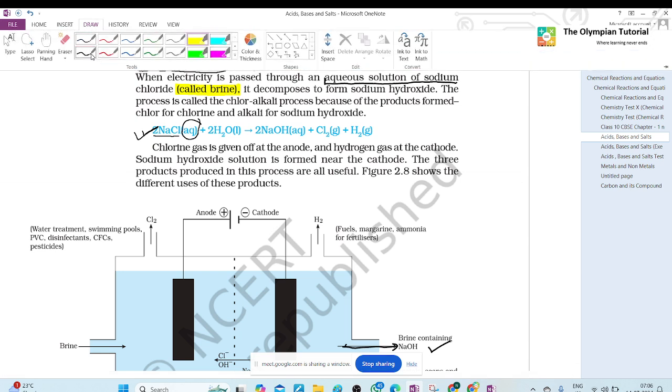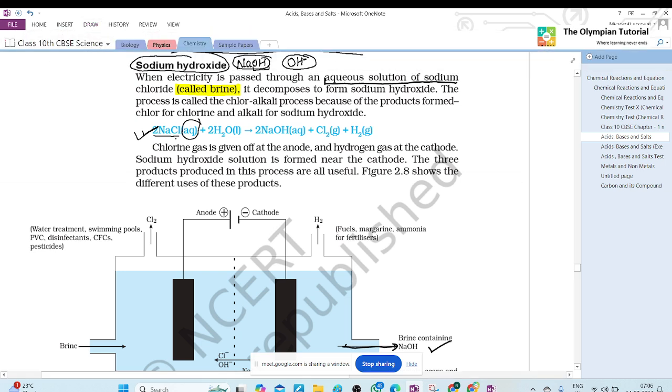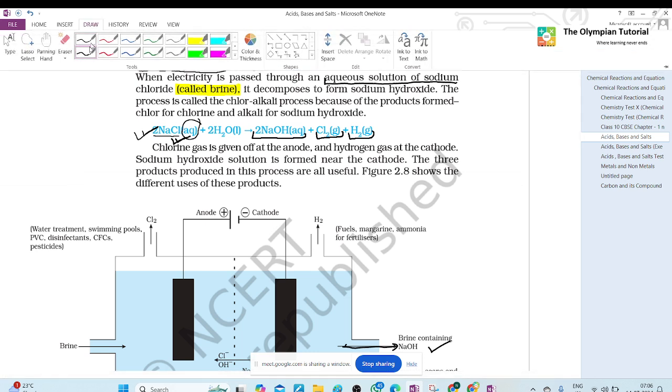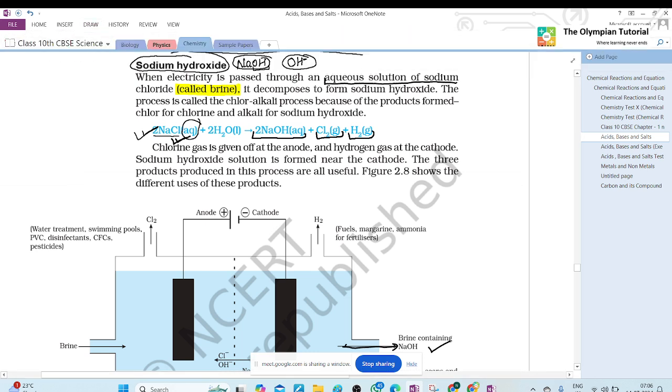So electricity is passed through NaCl, an aqueous solution of sodium chloride, called brine. It decomposes into sodium hydroxide, chlorine, and hydrogen. And this process by which we are getting sodium hydroxide is known as the chloralkali process.